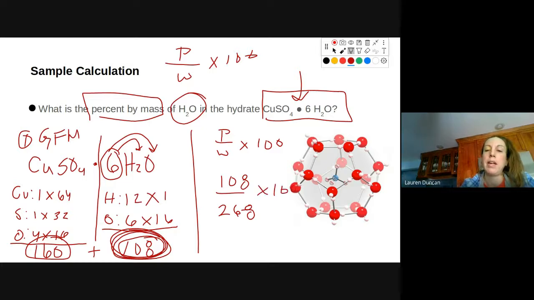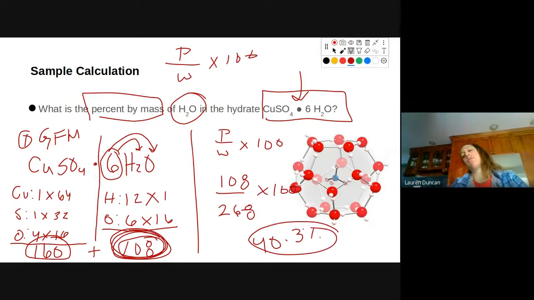I'm going to put that in my calculator, and I'm going to make sure I multiply the resulting decimal by 100 to turn it into a percentage. So 108 divided by 268 is 0.429 and so on, times 100. When rounded to the tenths, this comes out to be 40.3%.